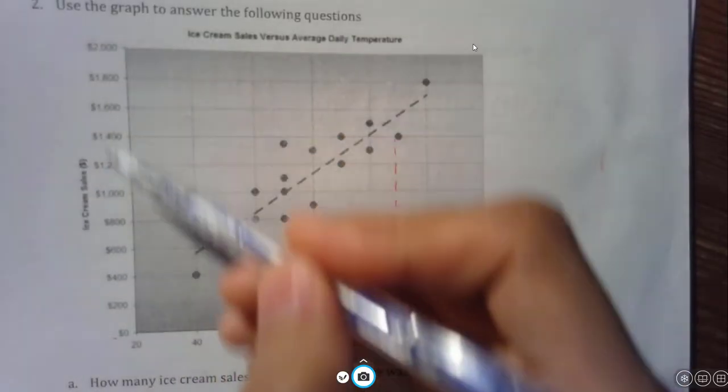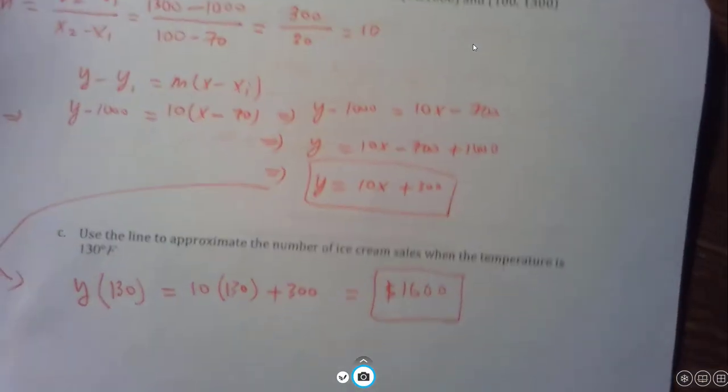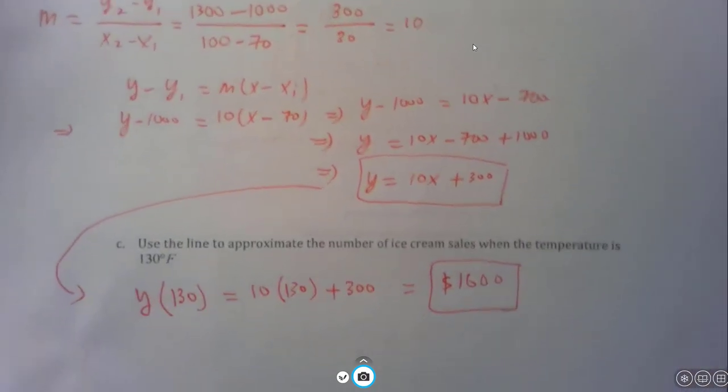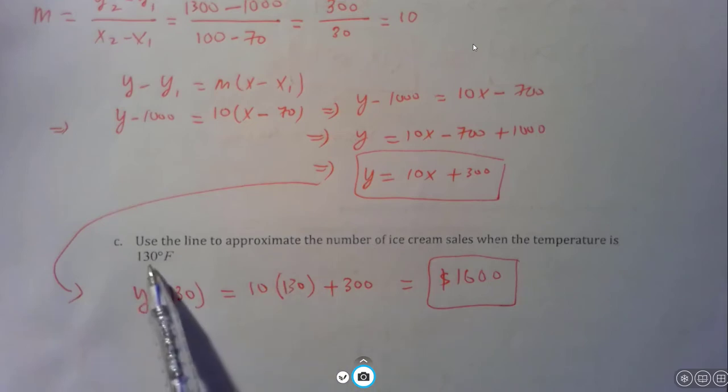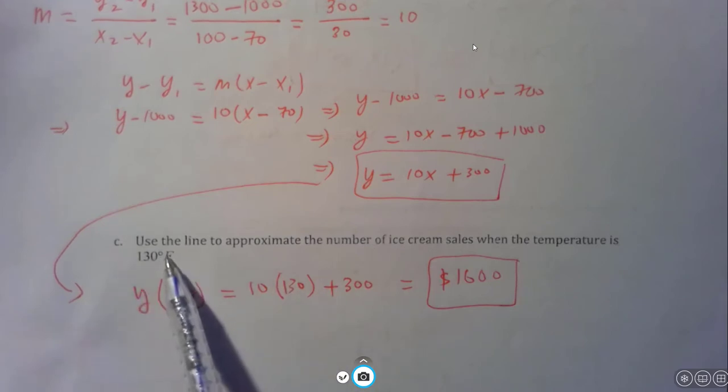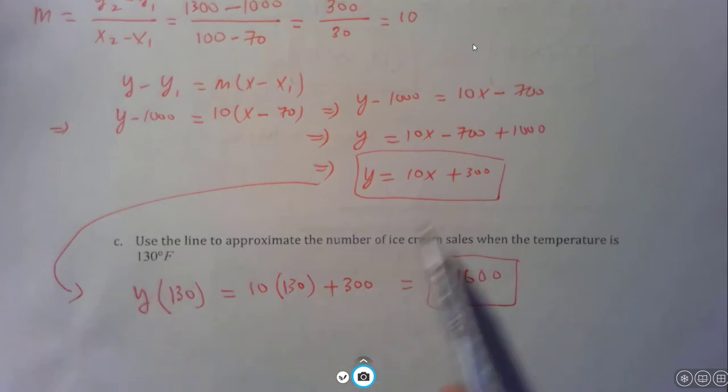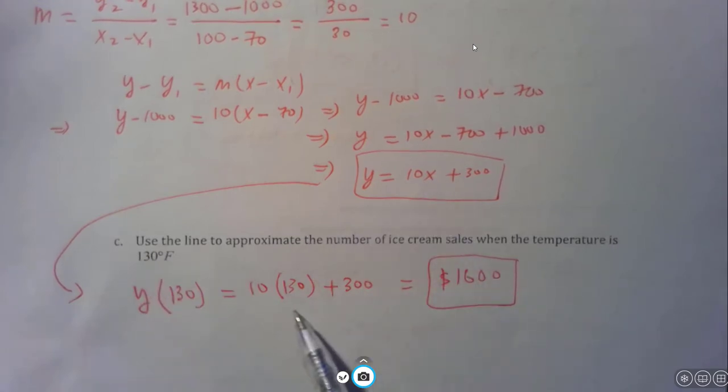The y-axis is the money, right? Which is the sales. And now we know that we are looking to find the money, which is the y value, when the temperature, which is the x value, is 130. So we plug in 130 for x here. We find the sales to be 1,600.